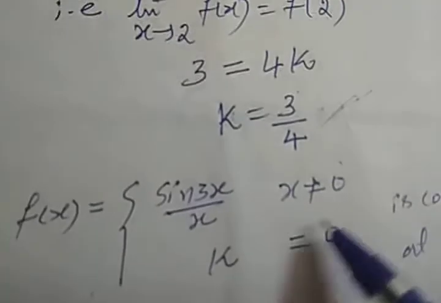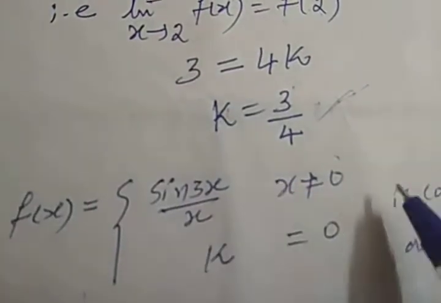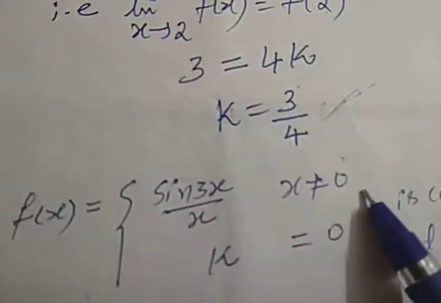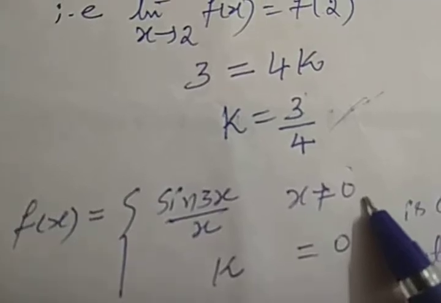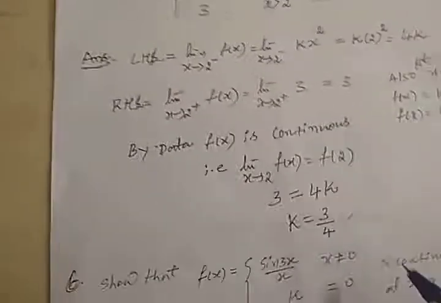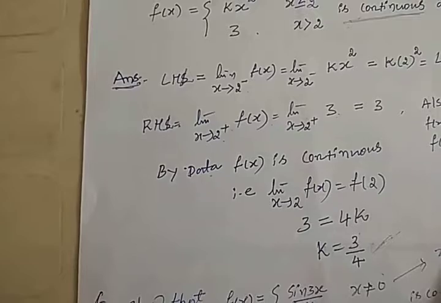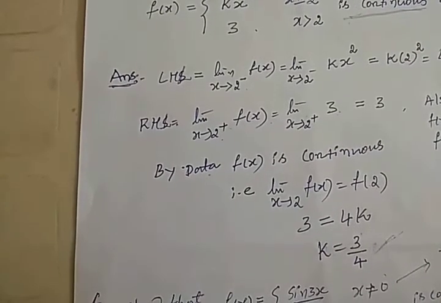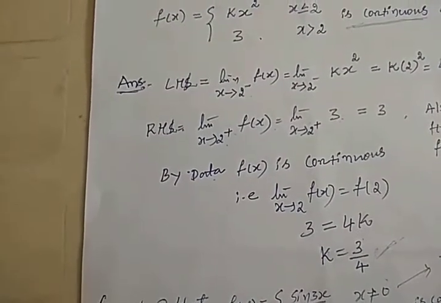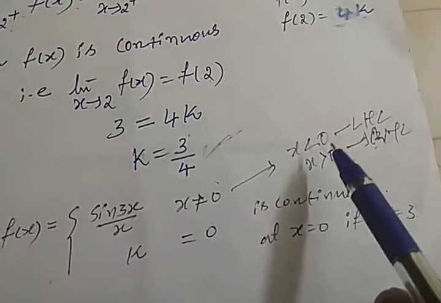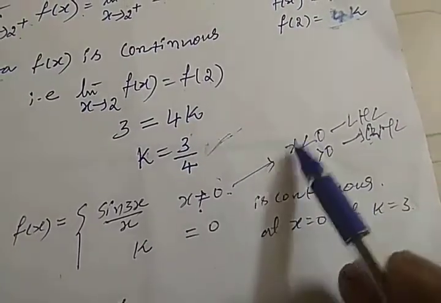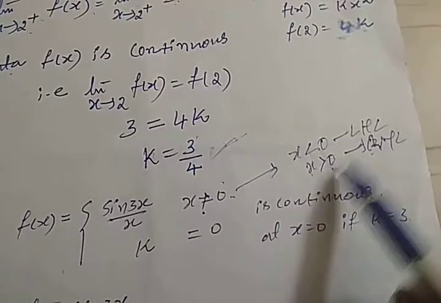Observe here, the function sin 3x by x for x not equal to 0. X not equal to 0 means we have to consider x slightly less than 0 and slightly greater than 0.